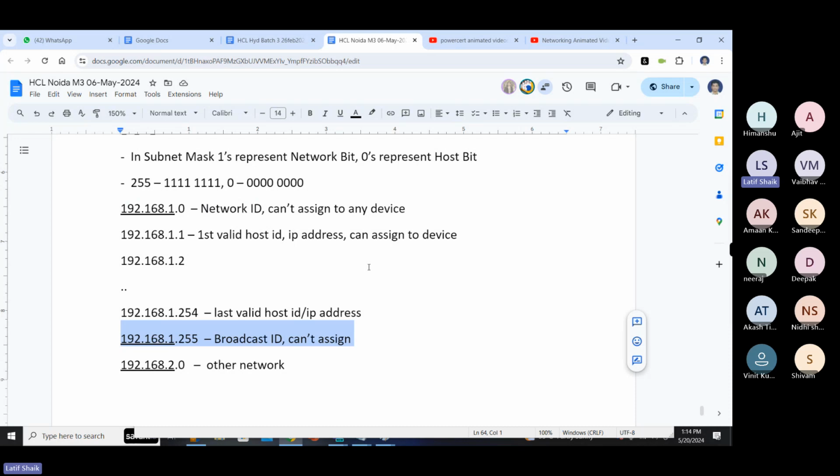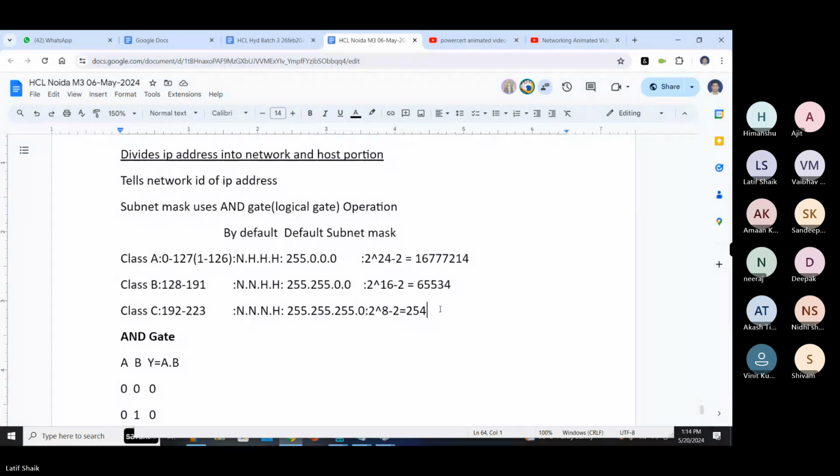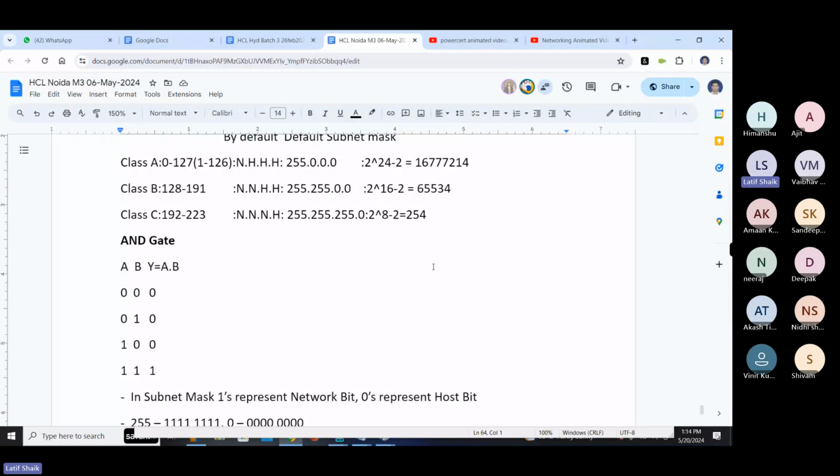That's why minus 2. And the result is 254. It means in a single class C network, I can connect up to 254 devices.